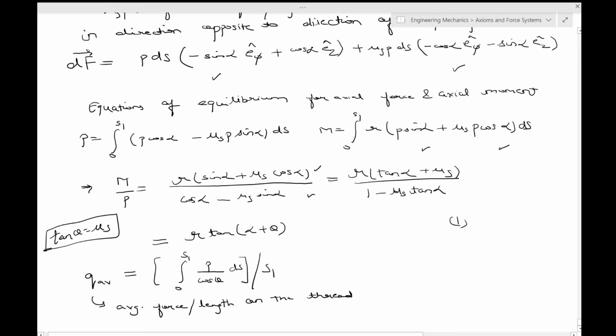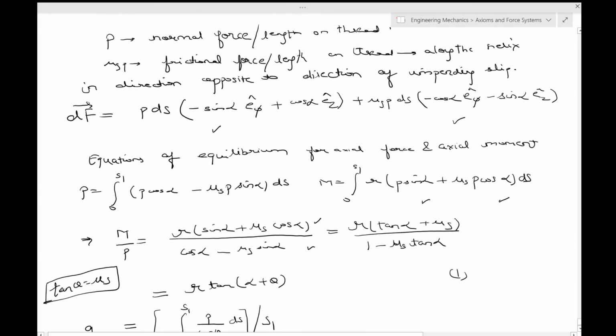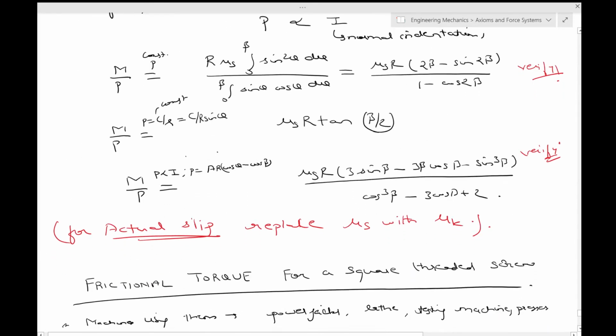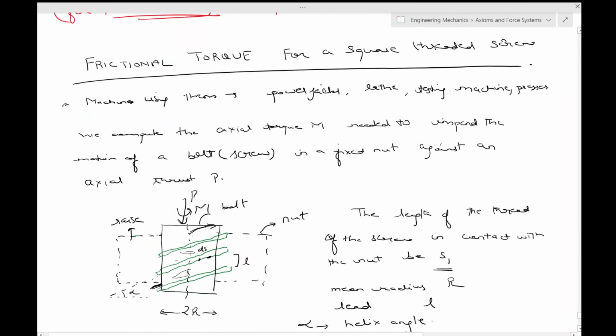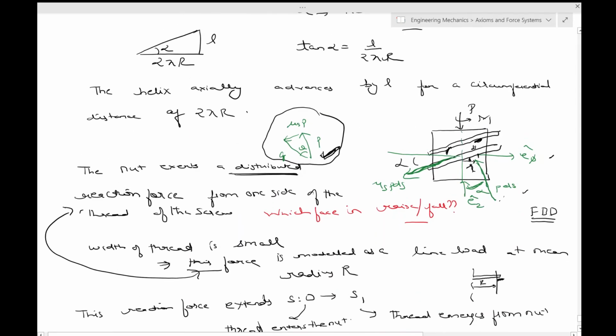You integrate this whole value over the path. How can you find that Q? Just see how Q and P are related. Q and P are related by a cos theta, so cos theta is equal to P by Q, or Q would be equal to P by cos theta.